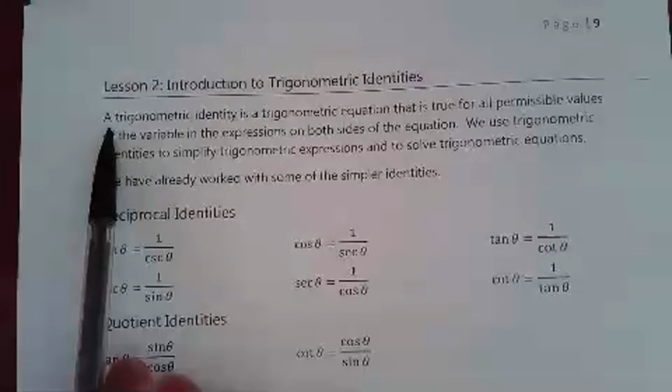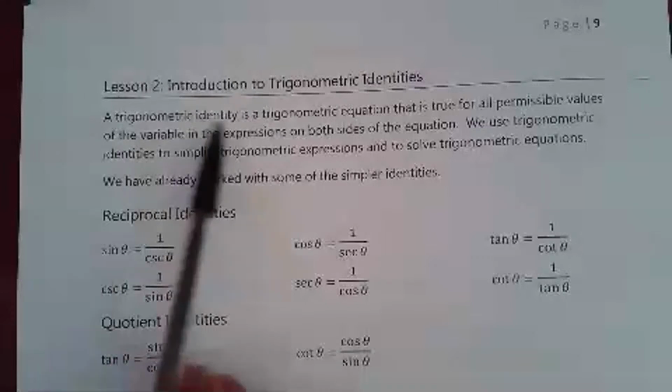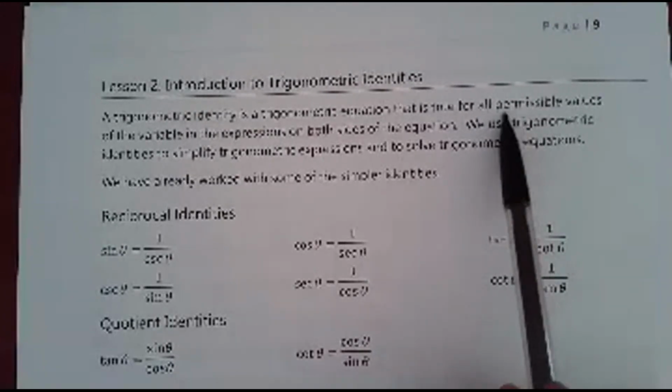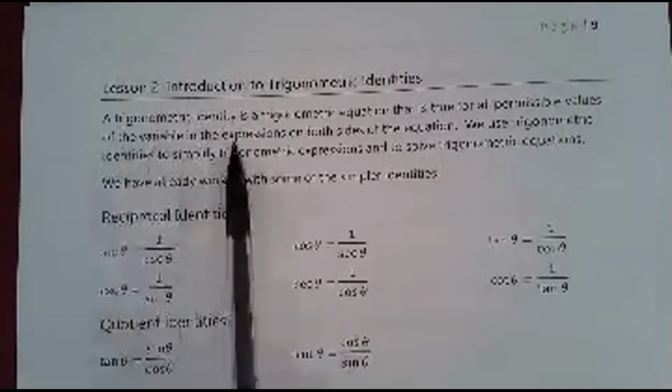A trigonometric identity is a trigonometric equation that is true for all permissible values of the variable in the expression on both sides of the equation.